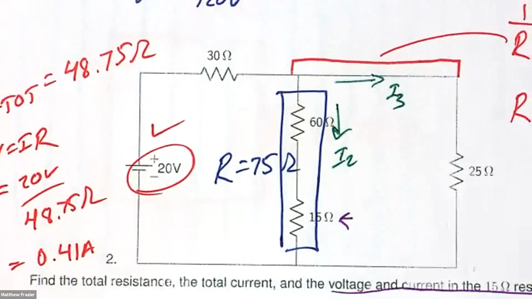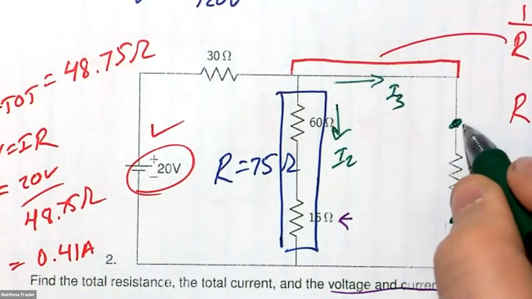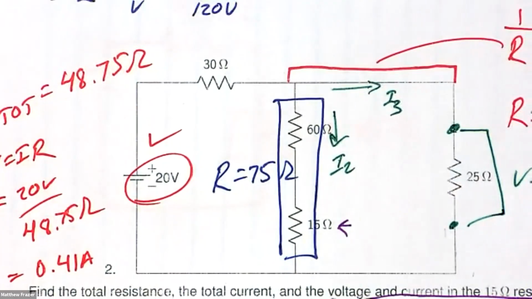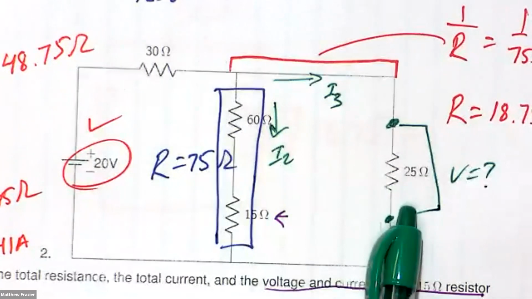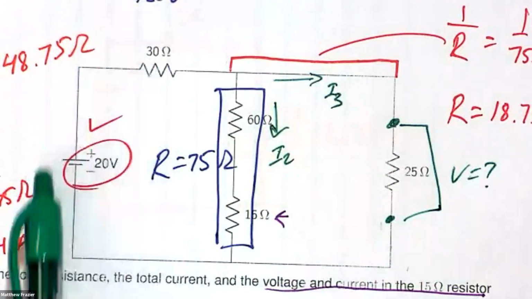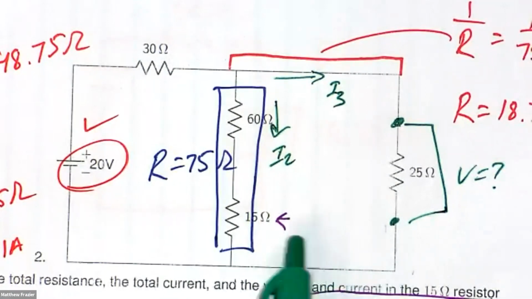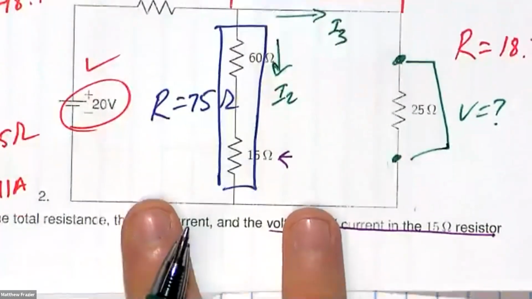To do that, we need to know the voltage across the resistance. So we need to know this voltage. But the only way we could find that voltage is if we knew this one, to get how they add up. The idea is we could split this into chunks.